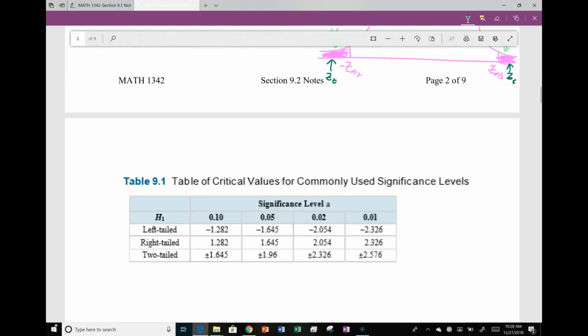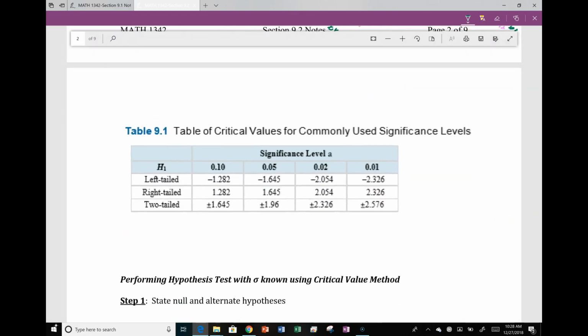Now I want to look at one table first. It's called Table 9.1. It is the table of critical values for commonly used significance levels. This table is only used with Z. Only use it if we know the population standard deviation. We cannot use it if we do not know the population standard deviation. These are our common critical values.